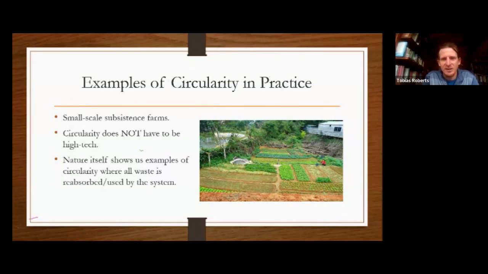And then lastly, here's one that we don't usually think about: small scale subsistence farms. I think that's a perfect example of circularity. If you look at the large industrial farming methods, it's the exact opposite. They require huge amounts of one-time, one-use inputs in the forms of fossil fuels. Most large industrial farms throw an enormous amount of nitrogen fertilizer onto the soil.